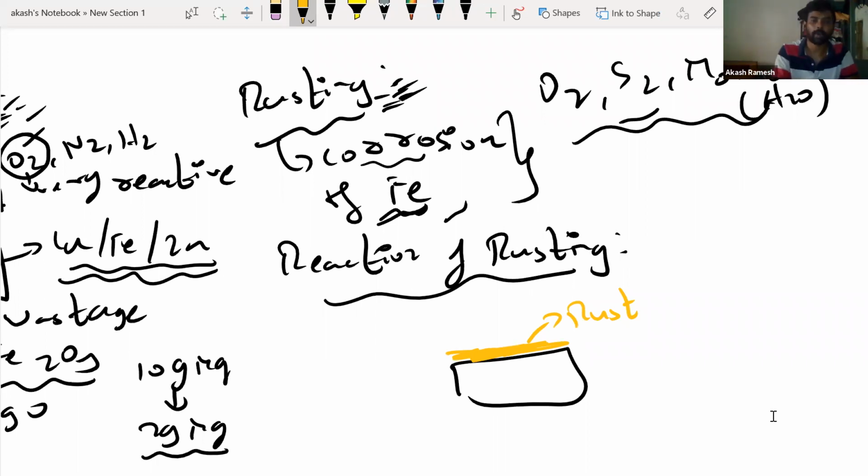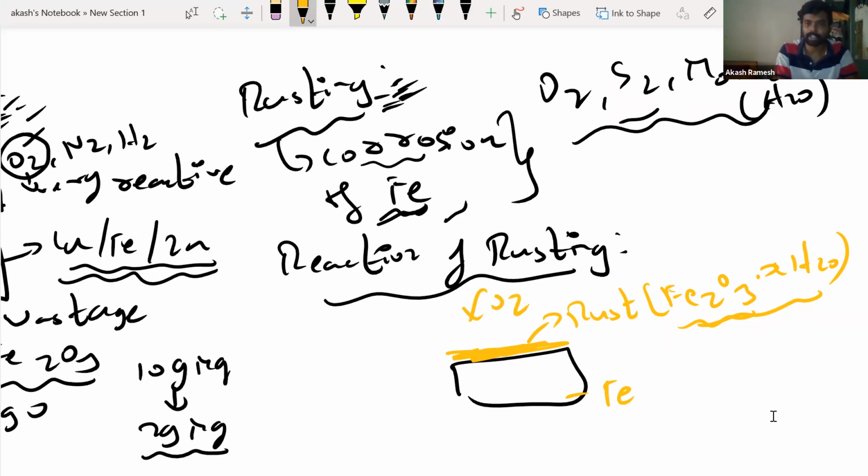Now, if you ask me what is the formula of this rust? Very simple. The formula of rust is Fe2O3·xH2O. I know I'm going to form iron oxide. This is iron alone, and obviously from the atmosphere I'll get the oxygen, and oxygen plus water molecules, that is moisture, some x molecules. This dot xH2O is my water of crystallization, guys.